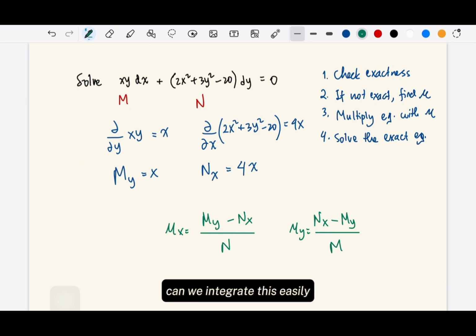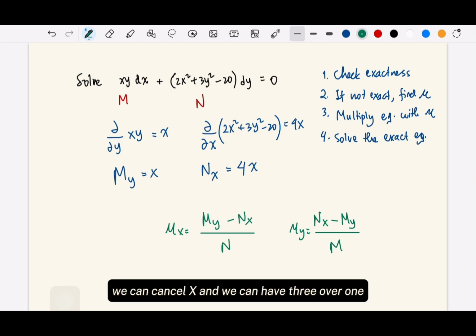Can we integrate this easily? I think it will be a very long process, right? Because we need to integrate this one. So I think it's best to choose the right one, because we only have N_x minus M_y, and then over xy, which is 3x over xy.